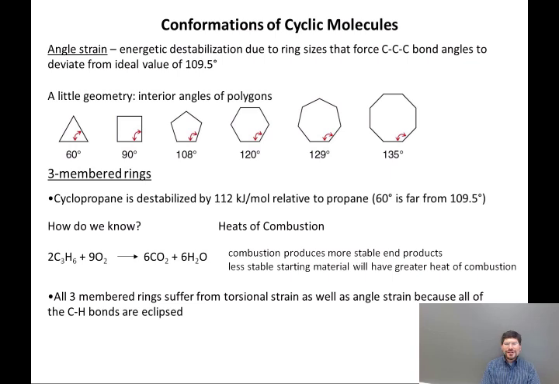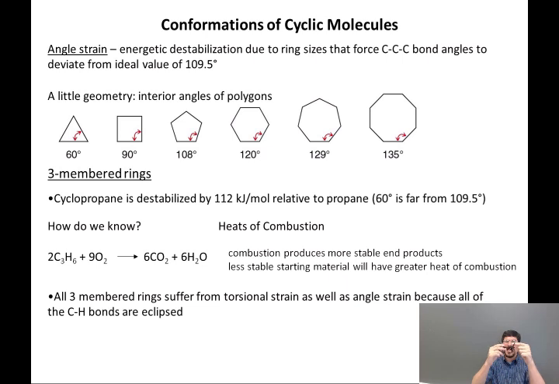Okay, but angle strain is not the end of the story. For a 3-membered ring, not only is there angle strain, but there is also torsional strain because all of the CH bonds are eclipsed. Looking at the model of cyclopropane, if you look down one side of the triangle, you see a CH bond and another CH bond on the adjacent carbon, and those bonds are eclipsed.